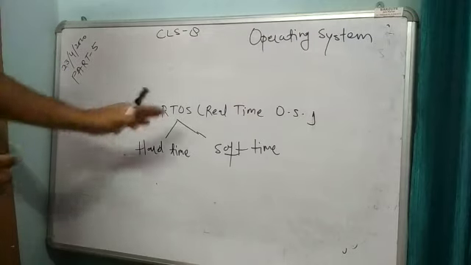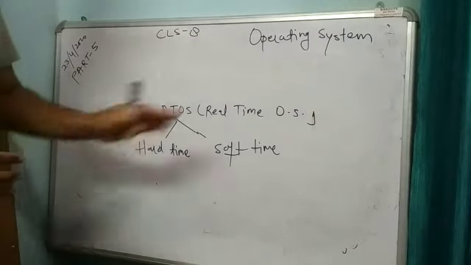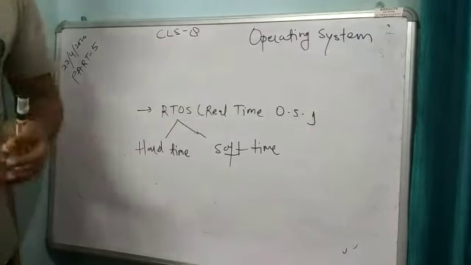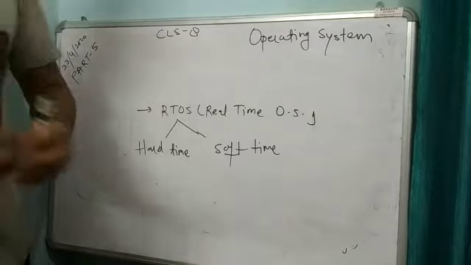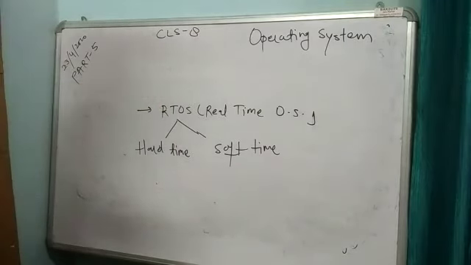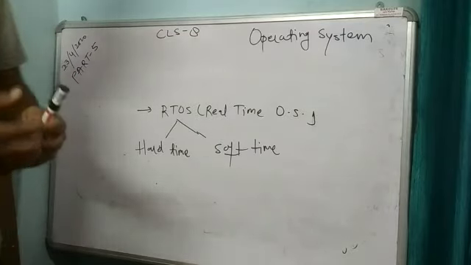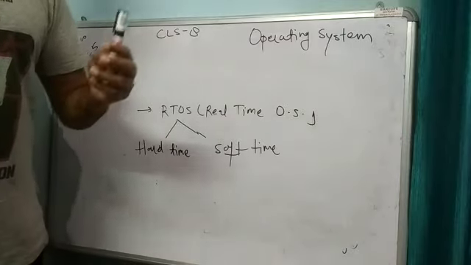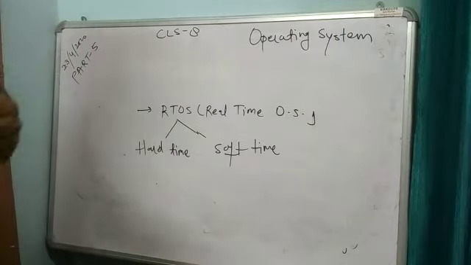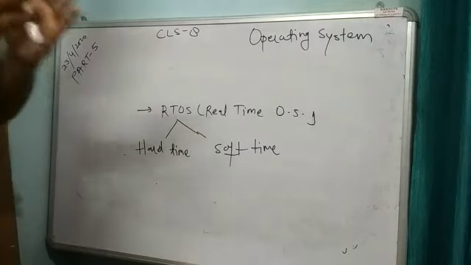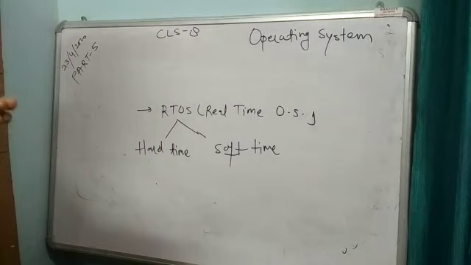We cannot use a multitasking operating system instead of RTOS. We cannot use RTOS at home. We cannot use a multi-processor operating system or multi-threading operating system at home. Every operating system has its own identity, its own roles and responsibilities. I hope you have understood the role of real-time operating system.